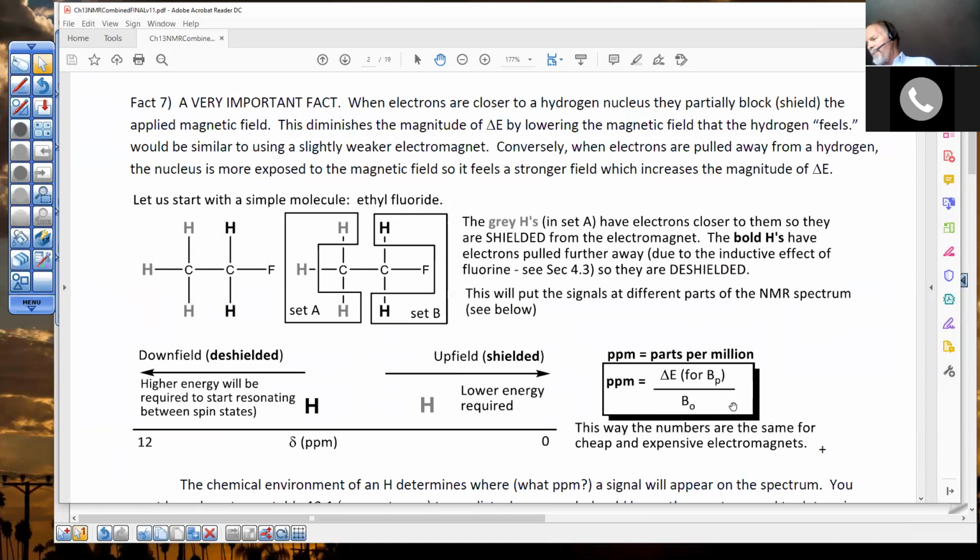This is a much bigger number down here, the power of the electromagnet. All right. So with the fluorine present, we get signals around 4.5 ppm. And this is a normal methyl for the most part, and that will give signals near 1 ppm. You don't have to memorize those things.